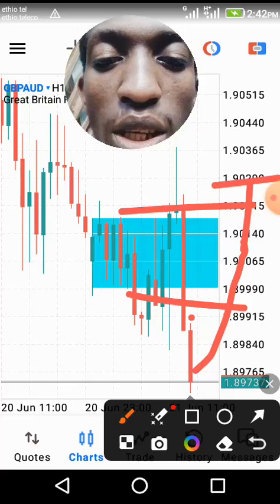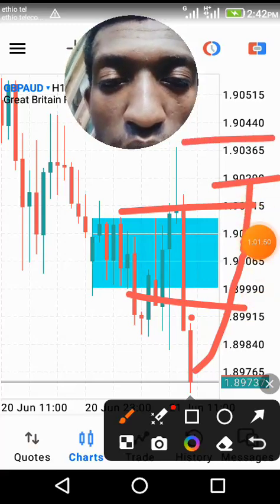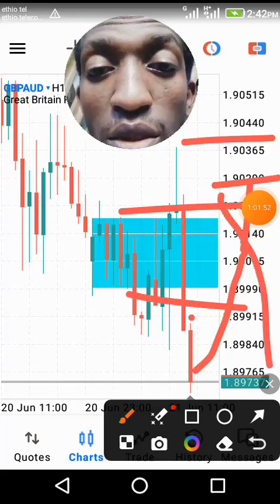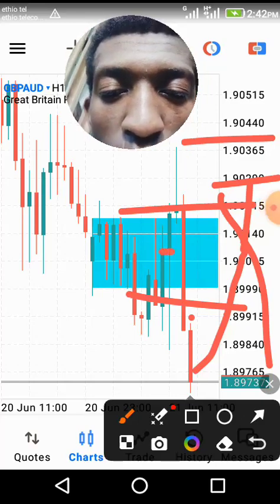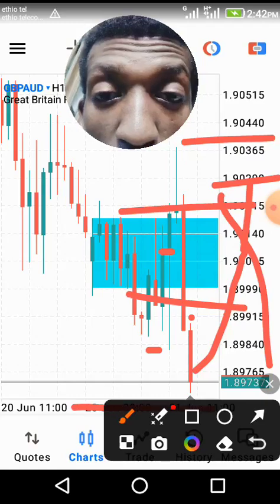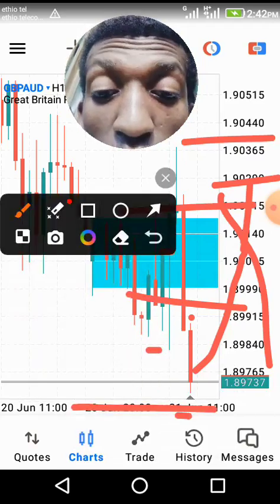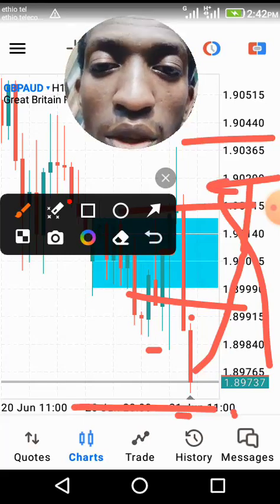So now it sells up here, stop loss up here, aiming down here. Because if you measure the people down here, okay. So if I sell up there, it is profit.